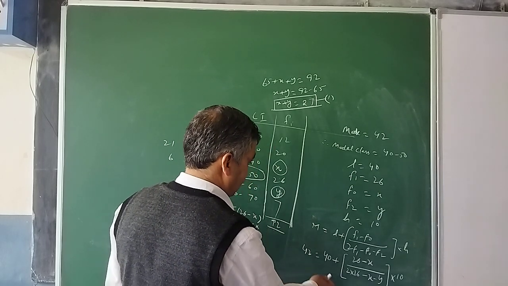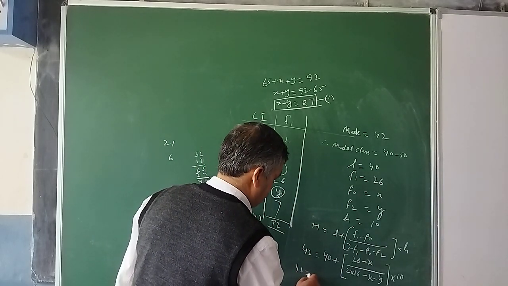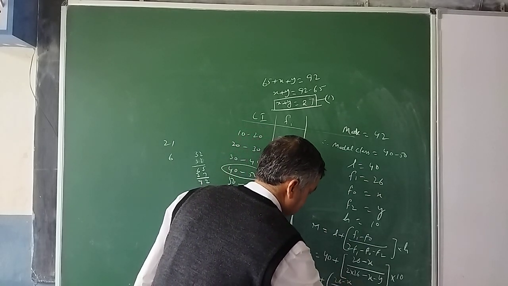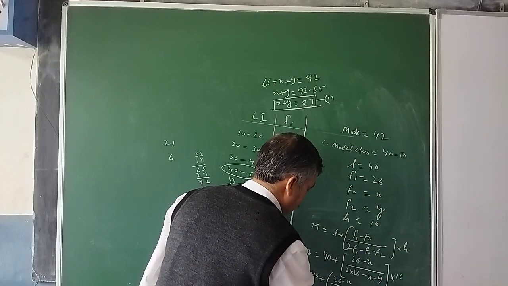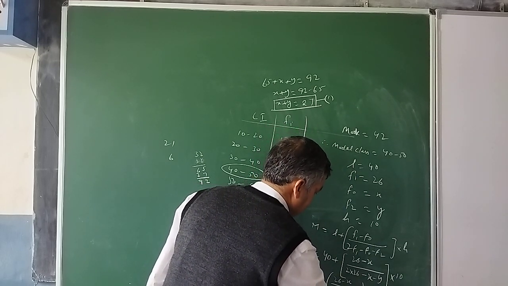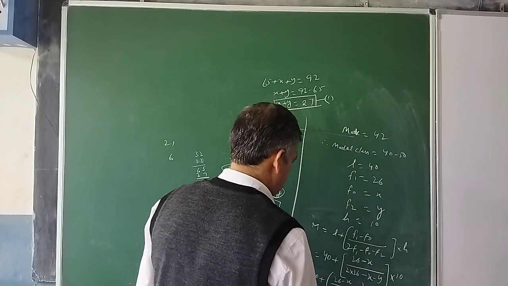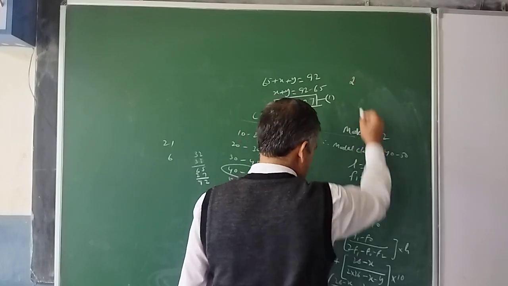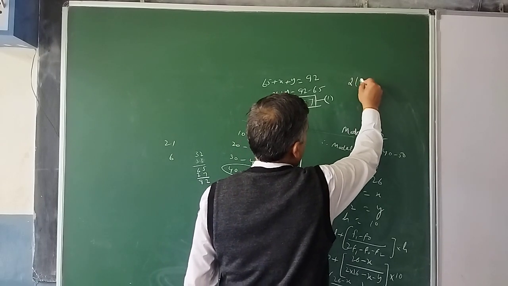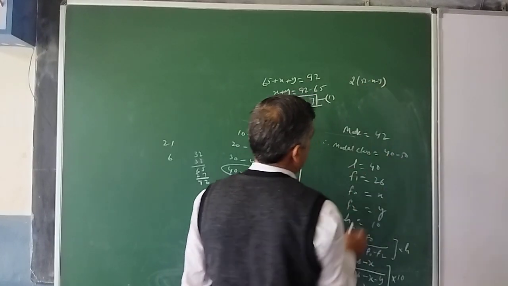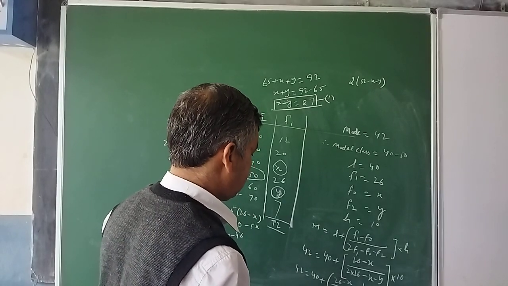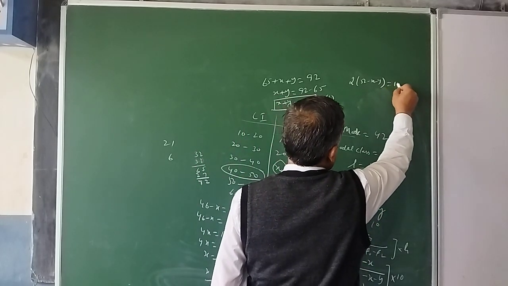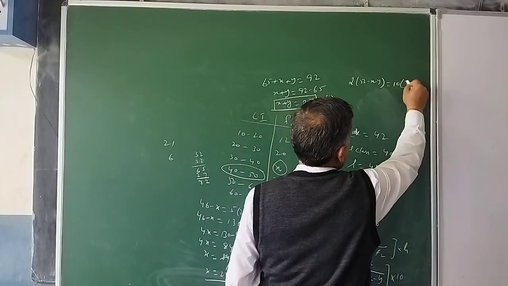So again you can see 42 is equal to 40 plus, here you will be getting 26 minus x upon 52 minus x minus y into 10. So if you shift this to this side, 42 minus 40 will make it 2, and 2 into 52 minus x minus y, I did the cross multiplication, is equal to 10 into 26 minus x.